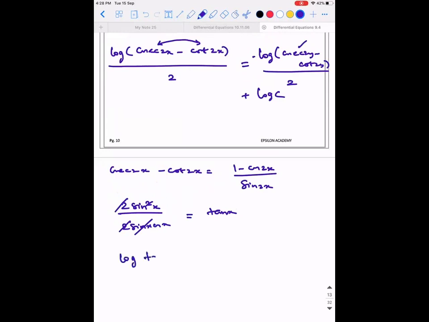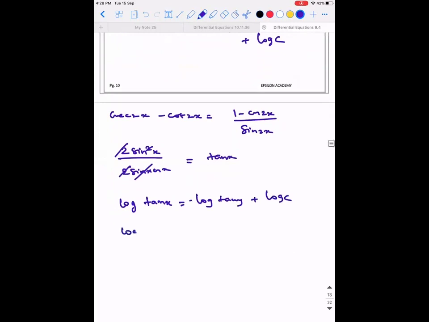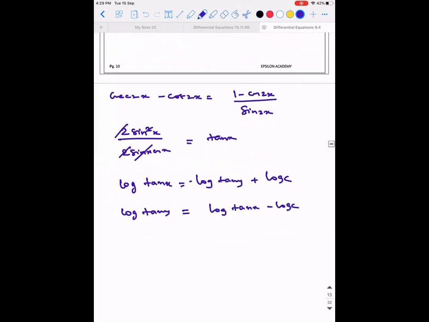So log tan x will be equal to minus log tan y plus log c. Can I write it like this? So log tan y, I am writing it as log tan x minus log c. Accepted? I'll tell you why I wrote it like that. So log tan y is equal to log tan x minus log c. The reason I wrote it like that is because I wanted to write it as an explicit function.